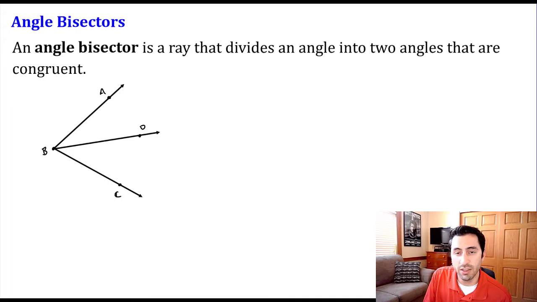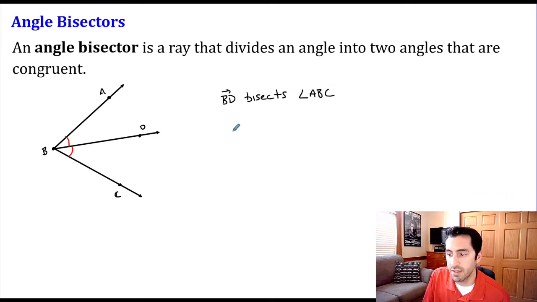We have some notation to indicate that. If I put little arcs in my angles, when they have the same number of arcs, that tells me that they are congruent. If I want to write this out in a statement, I'm going to say ray BD bisects angle ABC.